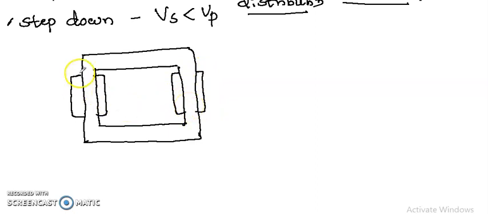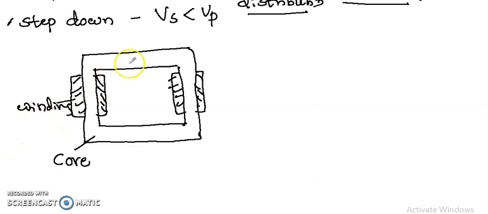These are the windings we are placing like this. This is the core part, and this part is called windings.